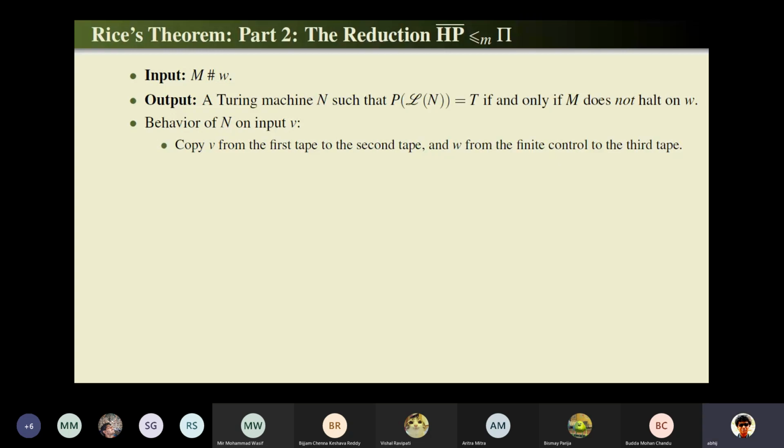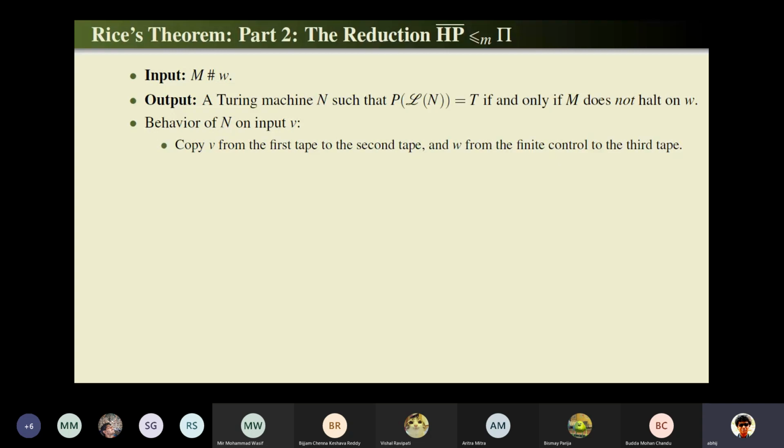For example, it simulates one step of M on W, then it goes to the second tape and simulates K1 on V, then goes to the third tape, K2 on V. All these 3 things can actually run in parallel if the machine has 3 independent read-write heads.